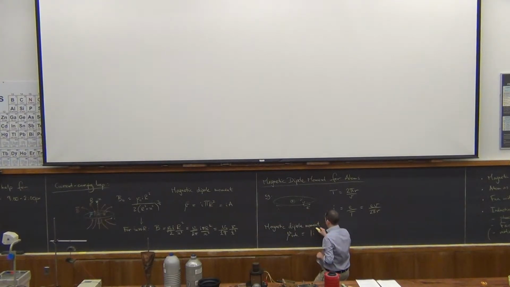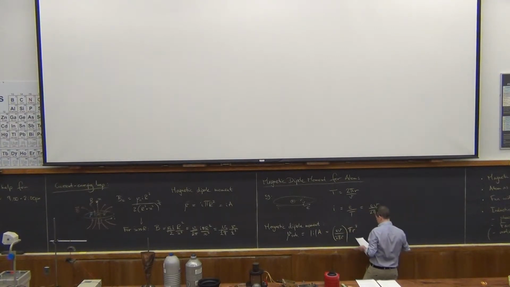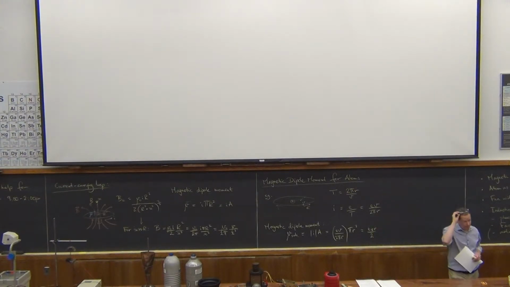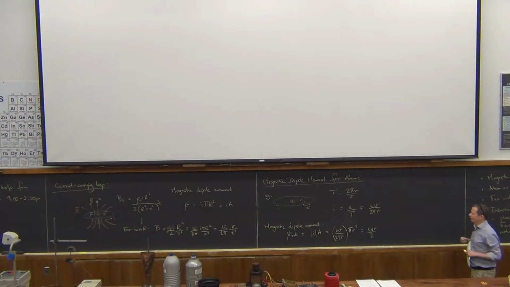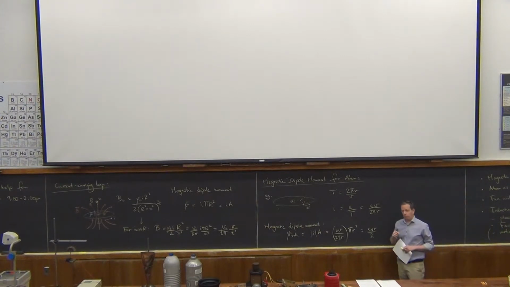It's just the magnitude of the current times the cross-sectional area of the loop. We just determined what the current is, so I'm going to plug that in. The area of this, assuming it's circular, is just pi r squared. And it tells us that in terms of magnitude, we can approximate the magnetic dipole moment of this orbiting electron as e v r over 2. Okay?